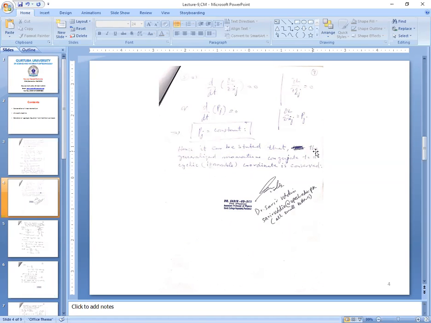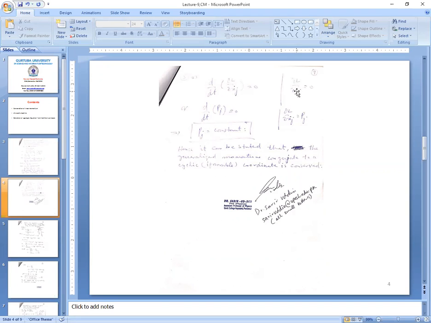Hence, it can be stated that the generalized momentum conjugate to a cyclic or ignorable coordinate is conserved. In fact, in the notes we have done that ∂L/∂Qj is equal to 0, for Q equal to xj, and we say that xj is a cyclic coordinate or ignorable coordinate, so ∂L/∂xj is equal to 0.